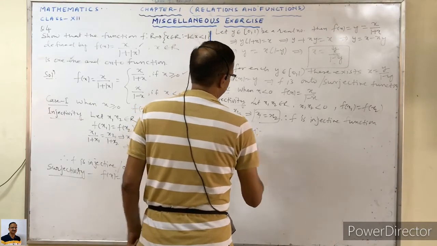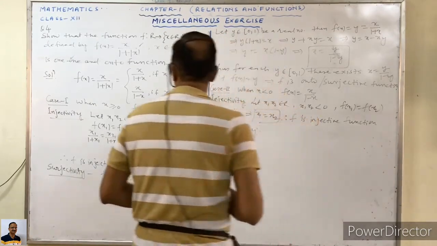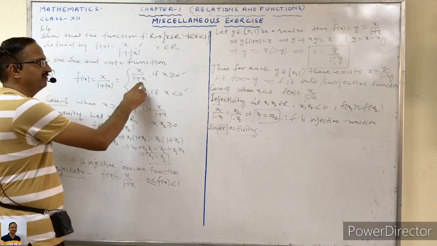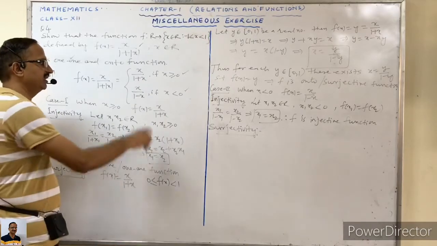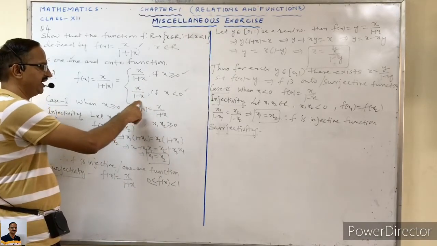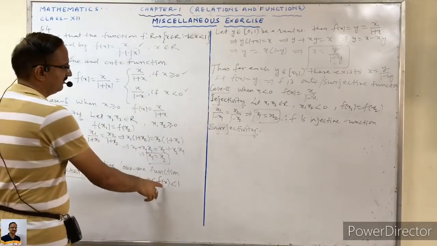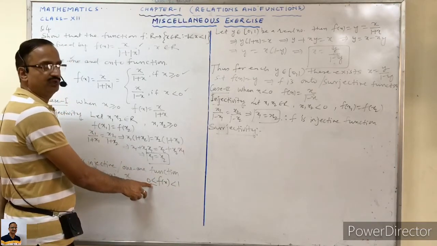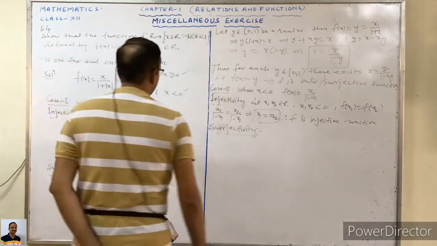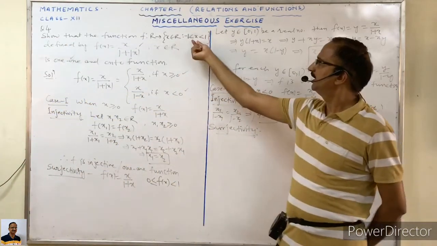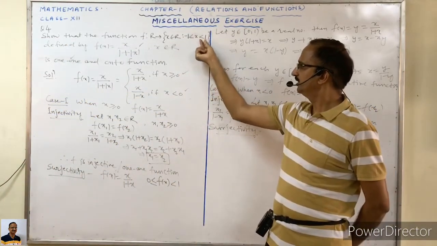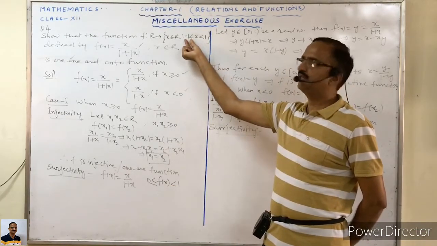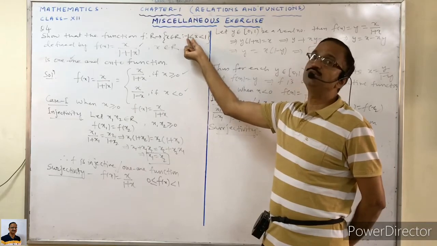For surjectivity, again, in the first case the function is x upon 1 plus x. For the second case, the function will be x upon 1 minus x. In the first case, the function is defined from 0 to 1, that is, greater than or equal to 0 and less than 1. Now, our function f(x) is defined from minus 1 to 1. Now this part is over. Now, the rest is from minus 1 to 0.